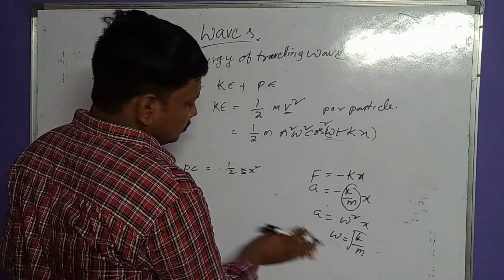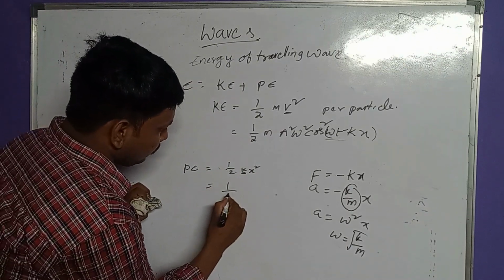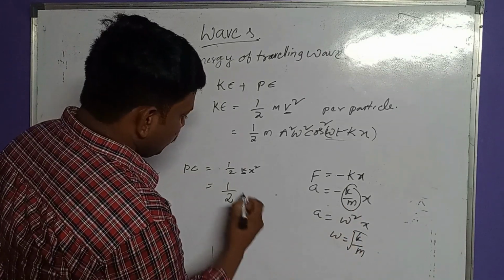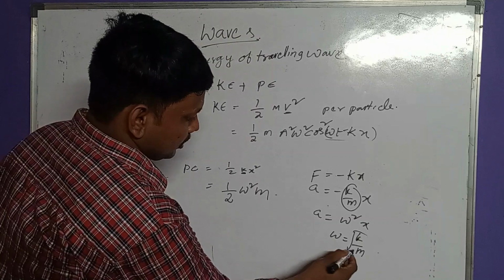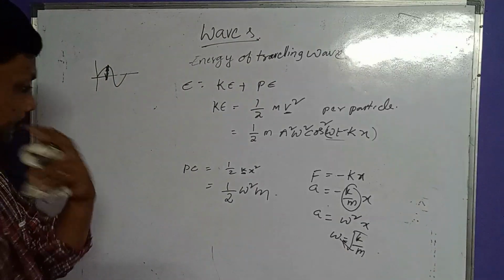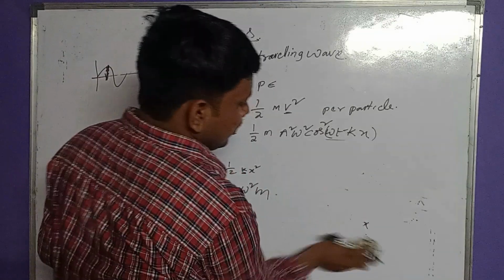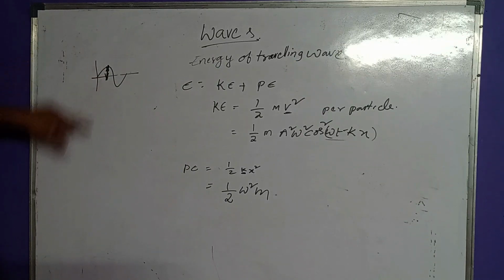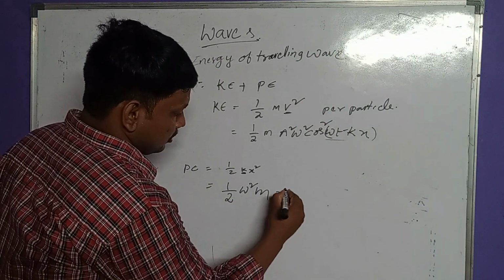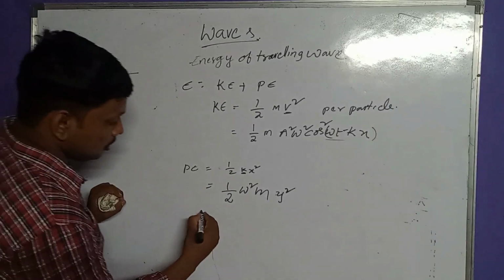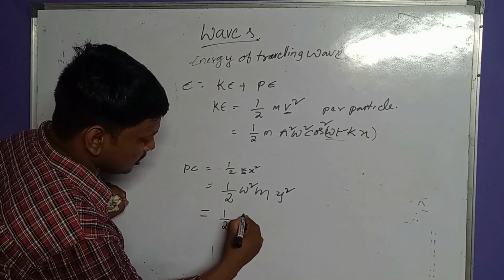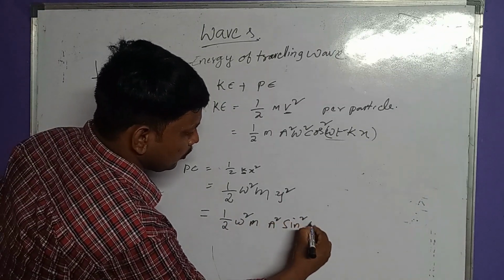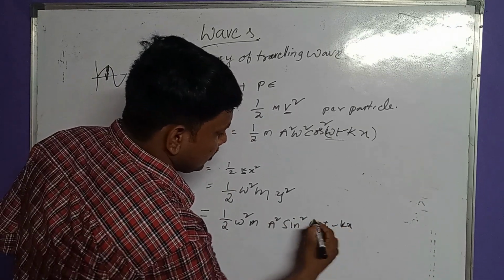So potential energy is equal to half k x square, where k is equal to omega square into m. Here x means vertical displacement. The particle is displaced in vertical direction, so y square. So here it is half omega square m into a square sin square(omega t minus kx), right?